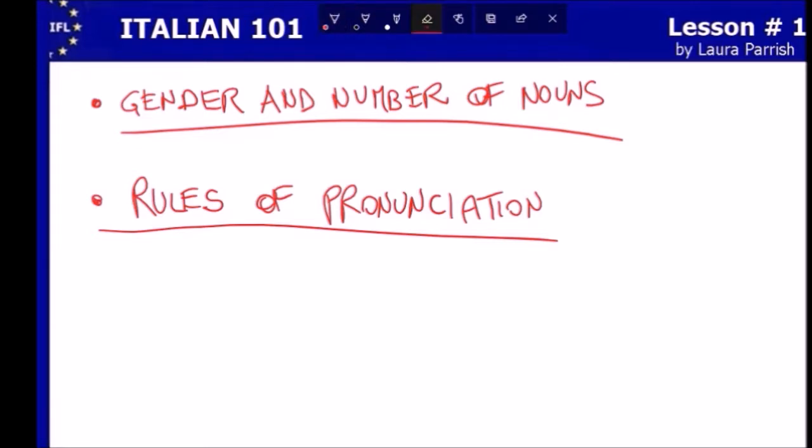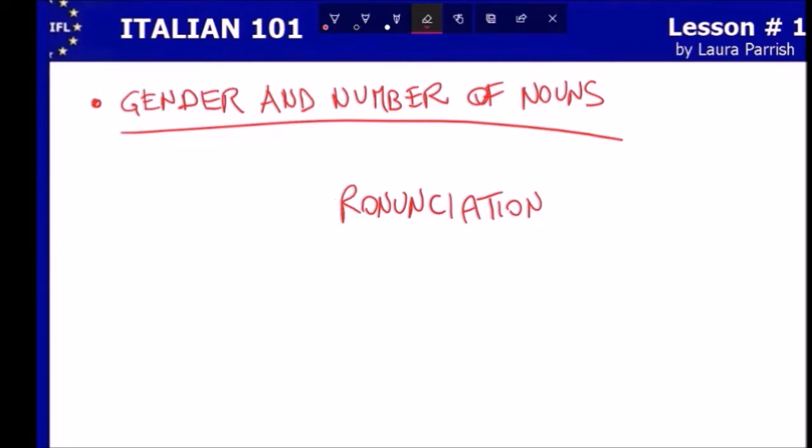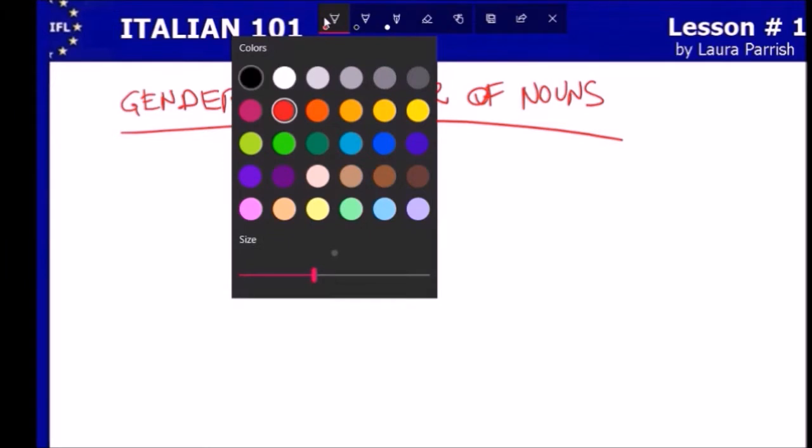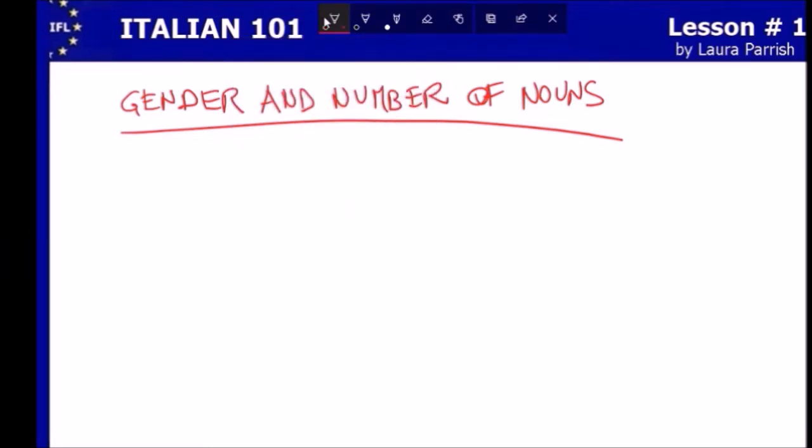I think I'm going to use the eraser for this. So, gender and number of nouns. Let's start. Okay, so let's use black. Now when I teach, this is my method.